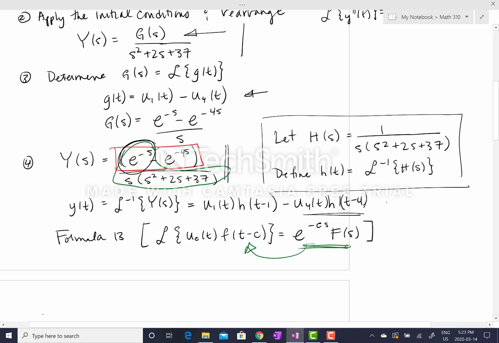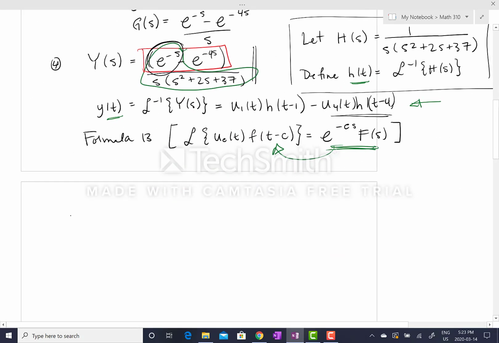So now when I look at where I'm going, I've simplified my problem quite a bit, because in order to get y of t, I only have to figure out what h of t is, because then I will be able to substitute t minus 4 and t minus 1 into that, combine the whole thing and get the final solution.